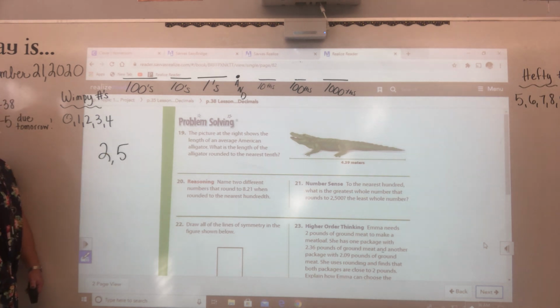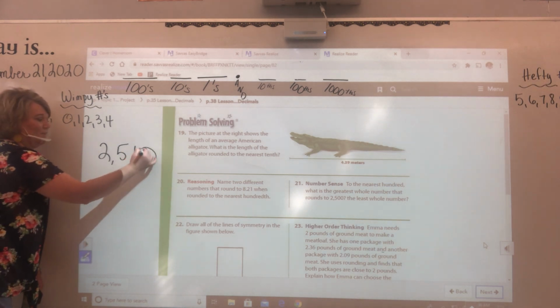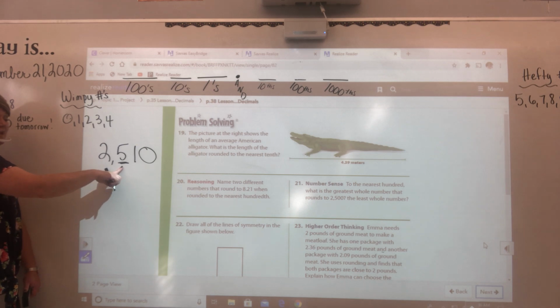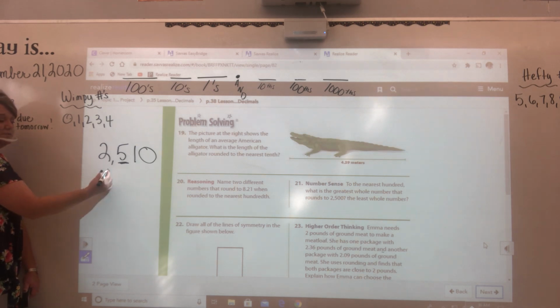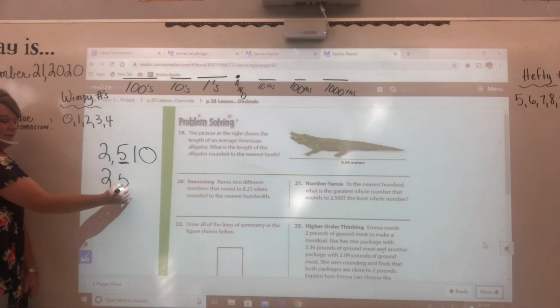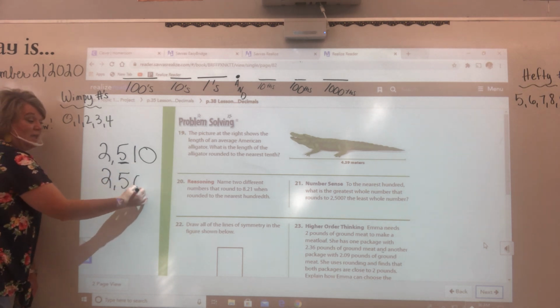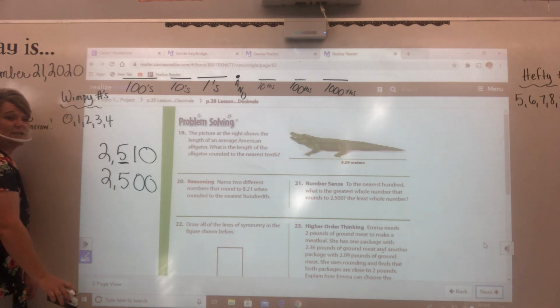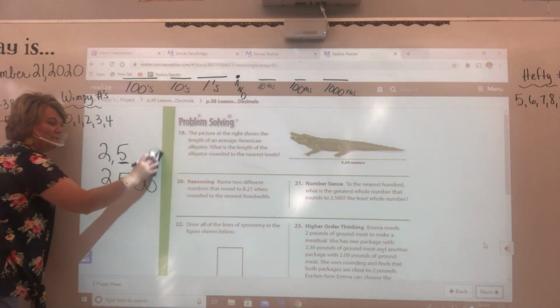Okay, she said 2,512, and I said she could go way lower. 10? That's not way lower. Okay, here we go. What do you know about the 1? What's that going to do to the 5? Stay the same. So what happens to my 2? Stays the same. What happens to my 5? Stays the same. What happens to the rest of these? Turns to 0. Can I go lower? What if I change this? What's 1 lower than 10? 9. Let's see what happens.